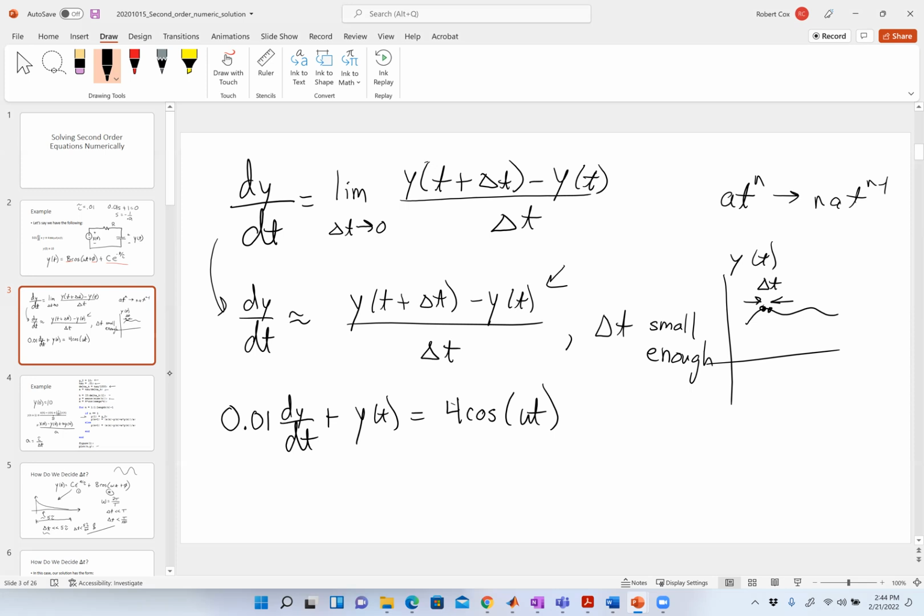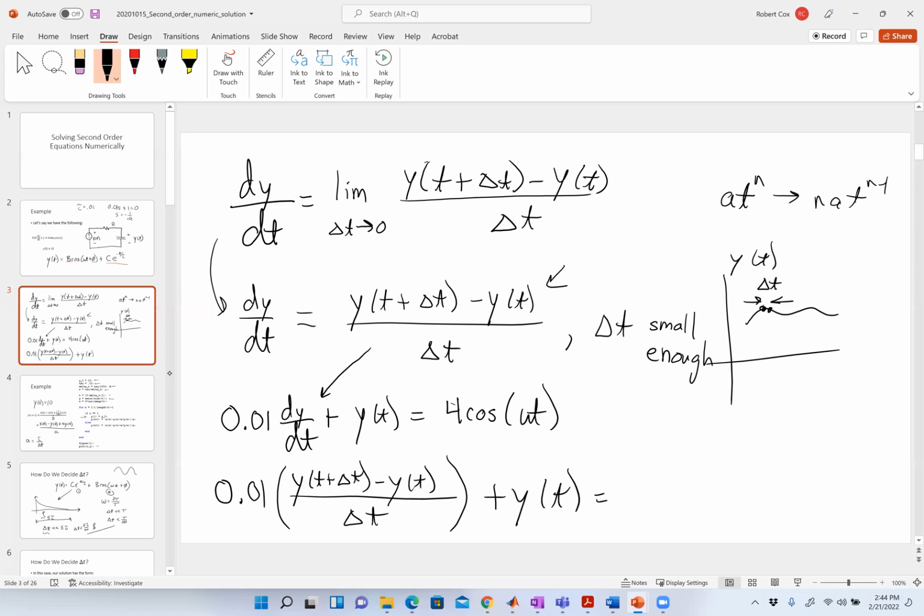Well, code-wise, I set up a for loop to do this. Basically, what I do is I say 0.01, and I substitute this expression in here. I say if delta t is small enough, then I'm going to let that approximately equal become an equal to, and I'm going to substitute that in there. So I put in here y of t plus delta t minus y of t all over delta t plus y of t equal to this 4 cosine omega t, which I'm just going to call for the moment x of t.